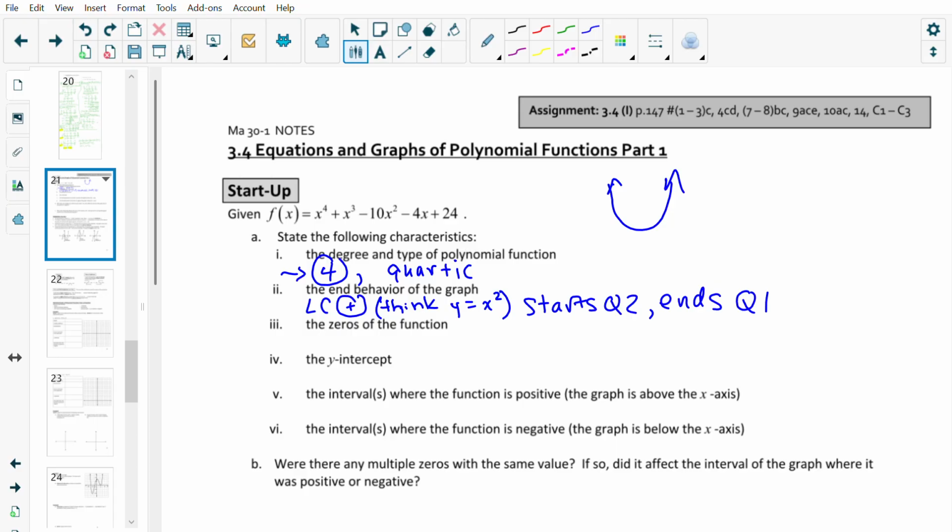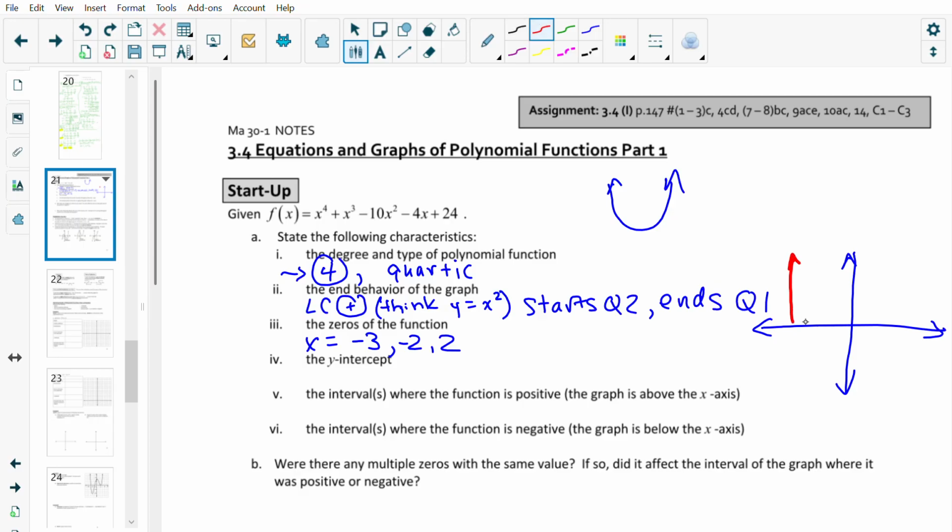The zeros of the function. Okay, so just graph this on your graphing calculator. I get the zeros of -3, -2, and 2. If I sketch this function, what will it look like?